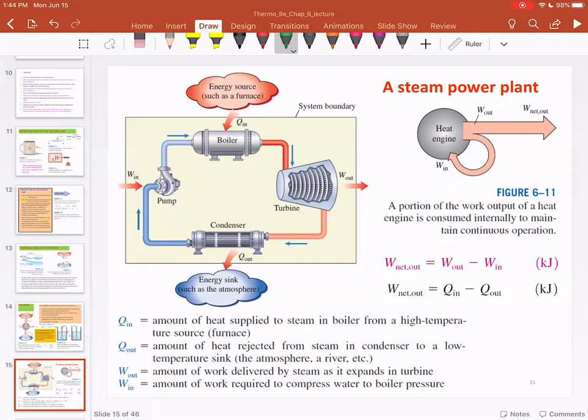Steam, high pressure, high temperature steam, is expanded in the turbine, and you get work out. This turbine shaft is attached to the generator, and the electrical power is generated.